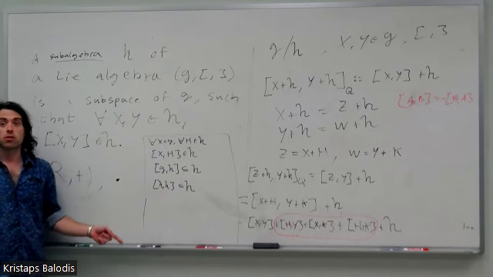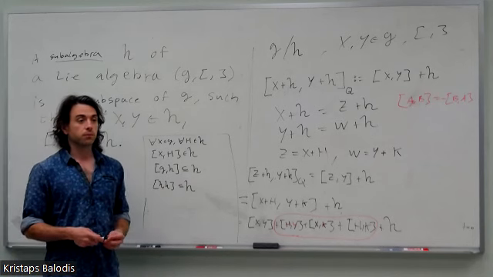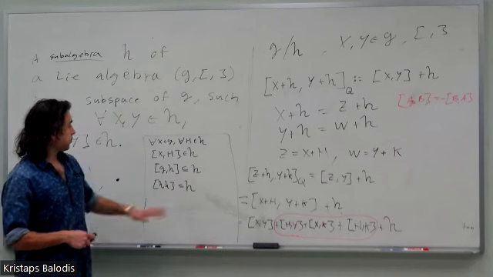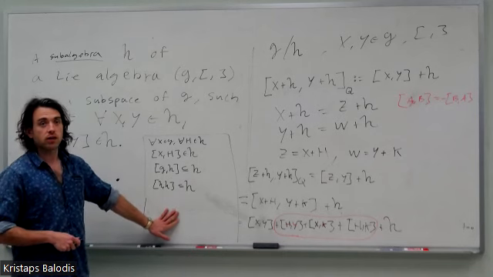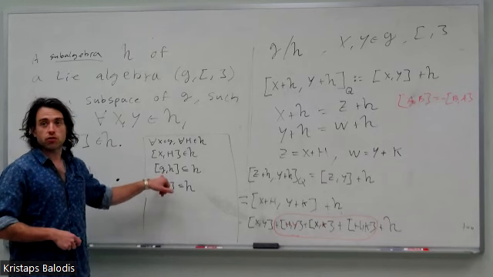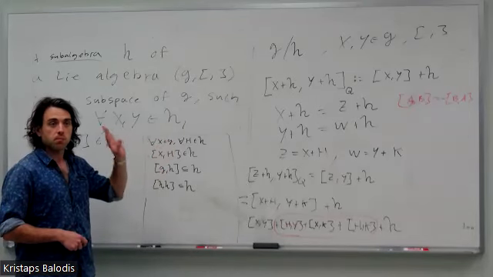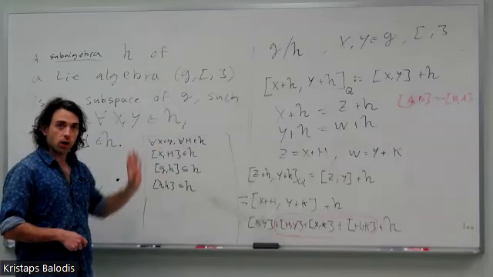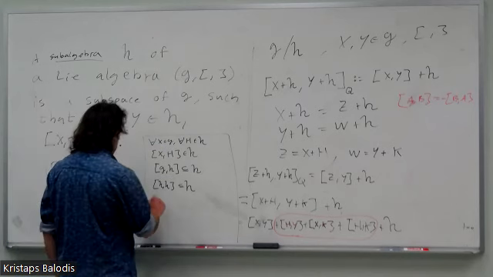So in fact, we want it to be a Lie algebra as well. If you have something that is a Lie subalgebra, but it also satisfies the stronger condition that it's closed on one entry of the bracket by inserting anything from G, then we call this an ideal.